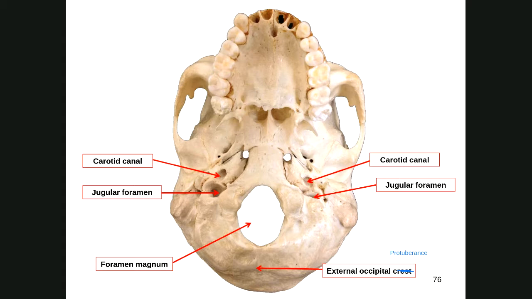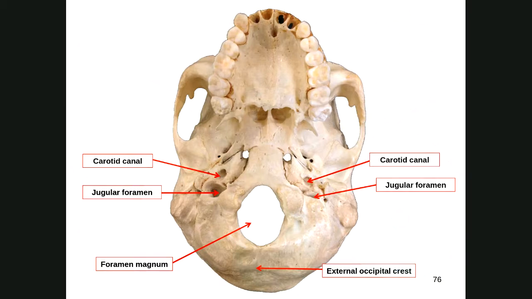Foramen magnum, jugular foramen is immediately lateral to the foramen magnum, and then anterior to each jugular foramen is the carotid canal. Carotid canal contains the internal carotid artery. The jugular foramen contains the internal jugular vein, and some nerves will travel through that space. That's why it's a little bit bigger, because we have more than one structure coming through.